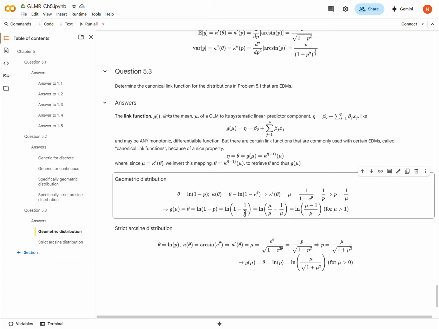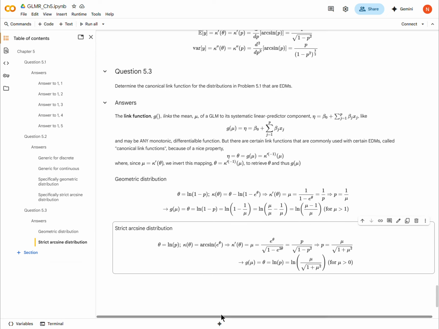Then we put that in terms of mu and continue to push forward, because at the end we want g of mu in terms of mu. It turns out that g of mu for the geometric distribution using the canonical link function is the natural log of (mu minus 1) over mu. Again, we found that by assuming the relationship g of mu equals theta, putting theta in there, and then solving for mu.